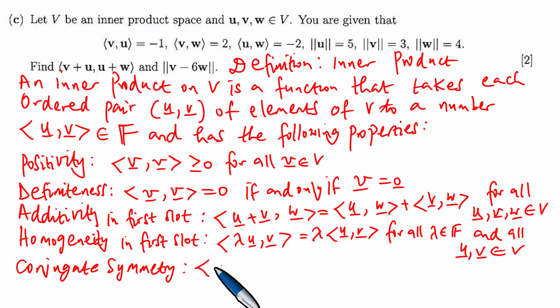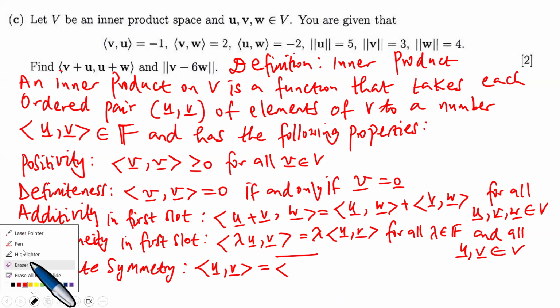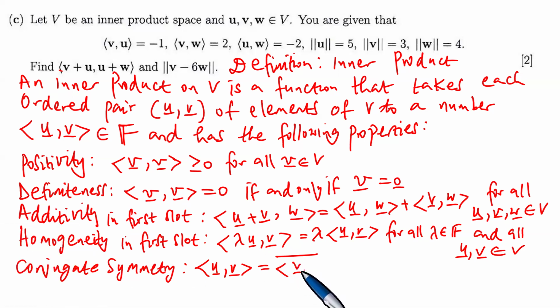Conjugate symmetry means that the inner product of u and v is the same as the inner product of v and u with the complex conjugate. And this is true for all vectors u and v in the vector space.